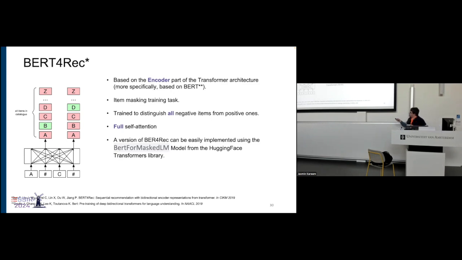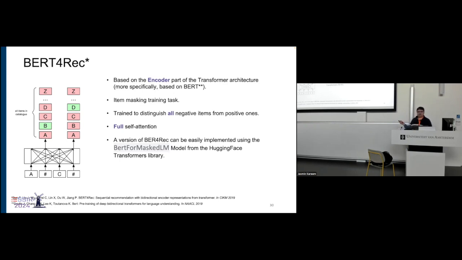Differently from SASRec, it is actually not doing binary cross entropy, it does full cross entropy. It takes the scores of all items, applies softmax, and uses the cross entropy loss the same way as original BERT does. So it basically contrasts the positive item from all possible items in the catalog.